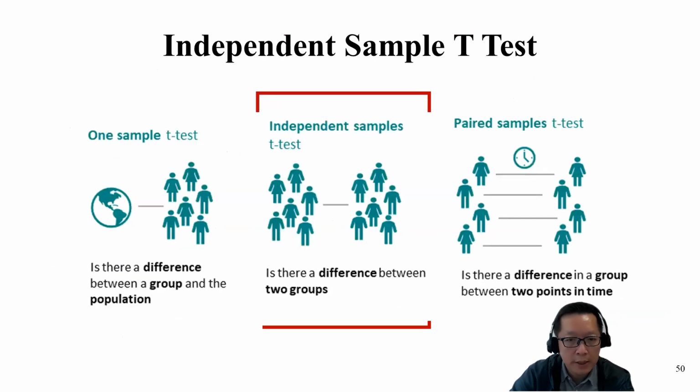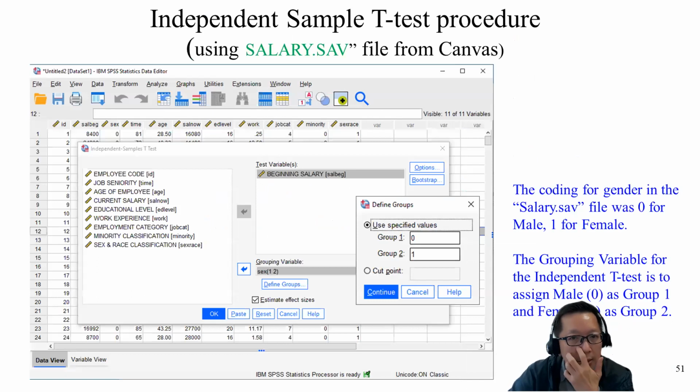So in an independent sample t-test, you're trying to compare 2 groups and to see whether the 2 groups are different or not statistically. So using that Salary.sav file, if you follow the procedures that I mentioned to you earlier, right? And you enter the test variable beginning salary, and the grouping is 1 and 2. You need to pay attention to your data file.